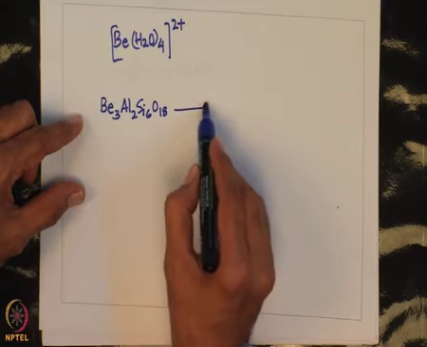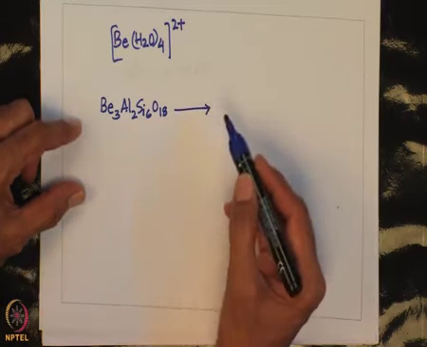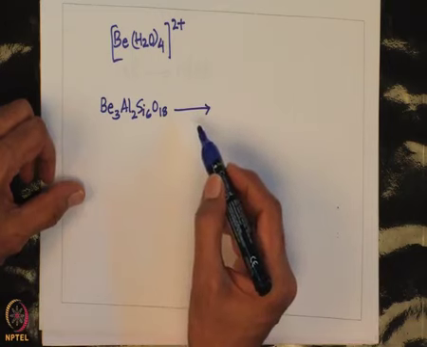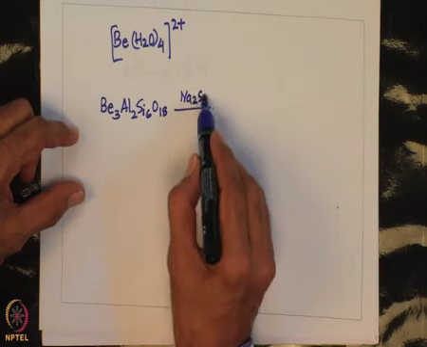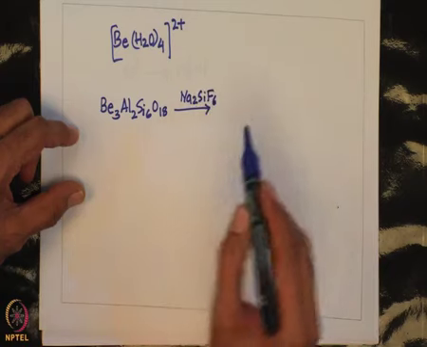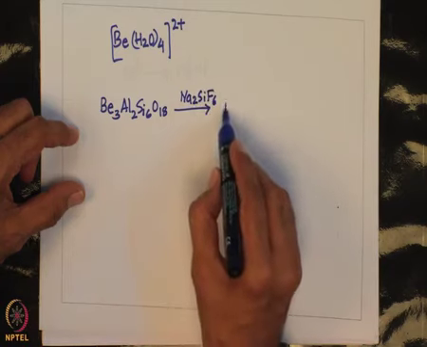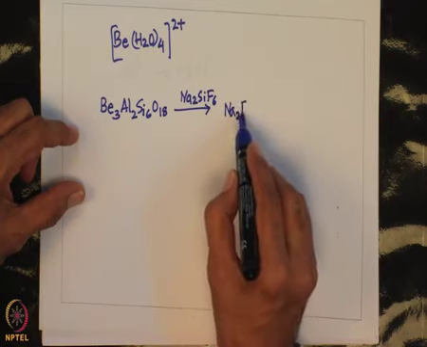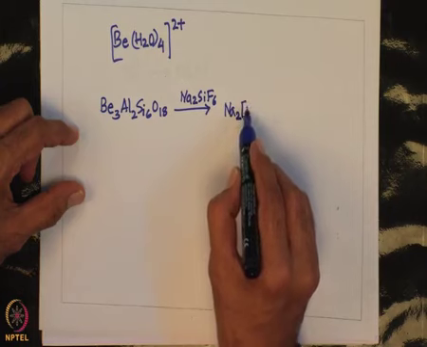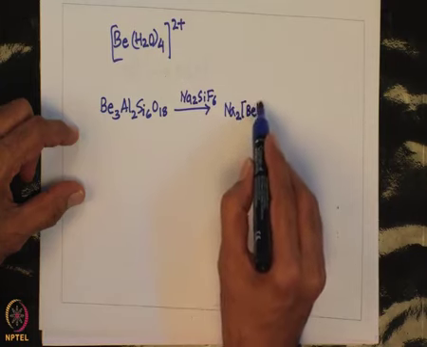First, it has to be treated with sodium hexafluorosilicate, that leads to the formation of a fluorinated compound having formula Na2BeF4.